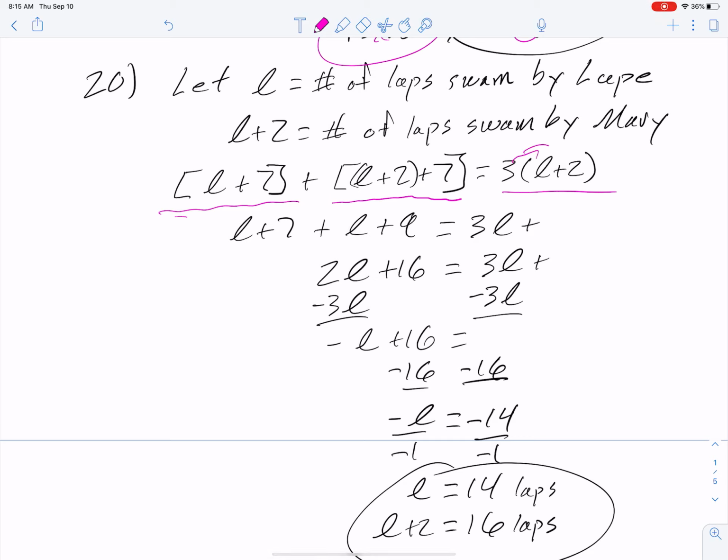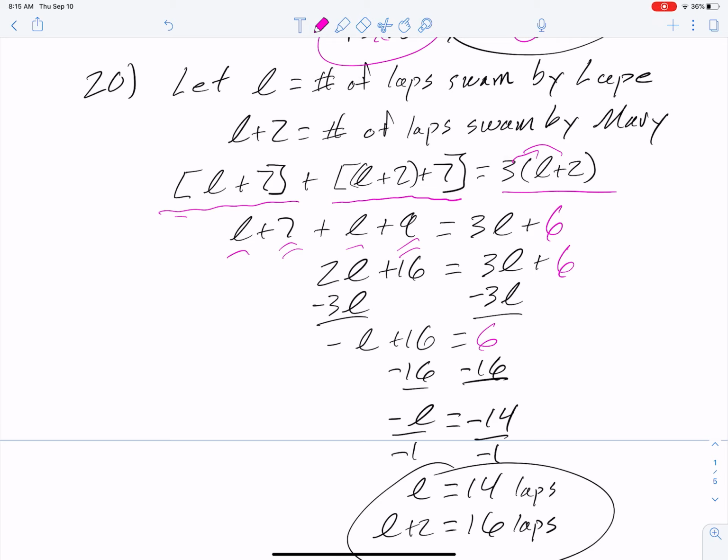When I distribute the 3, I didn't multiply it by 2, so I need a 6. Now, from there, I'm able to combine my 2 like terms, so I end up with 2L. My other 2 like terms, I end up with 16. I subtract 3, so negative L plus 16 equals 6.